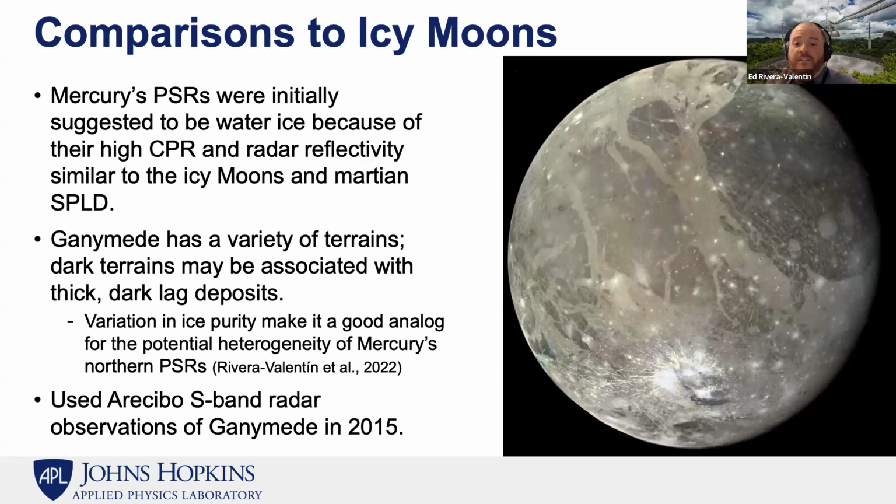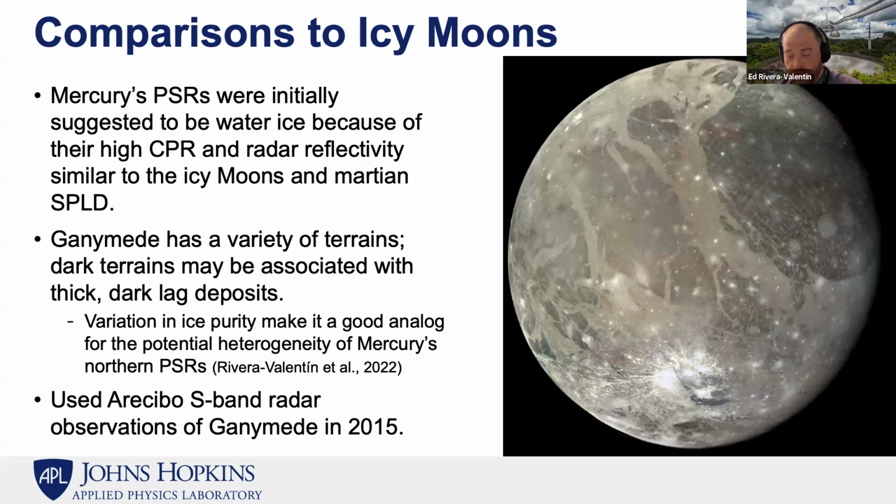Those two things seemed very similar to the radar properties of the icy moons of Jupiter and to the Mars South Polar Layered Deposits, which is why we were starting to infer that there might be water ice on Mercury. So let's go back to that source and say, okay, we also have Arecibo radar observations of the icy moons of Jupiter.